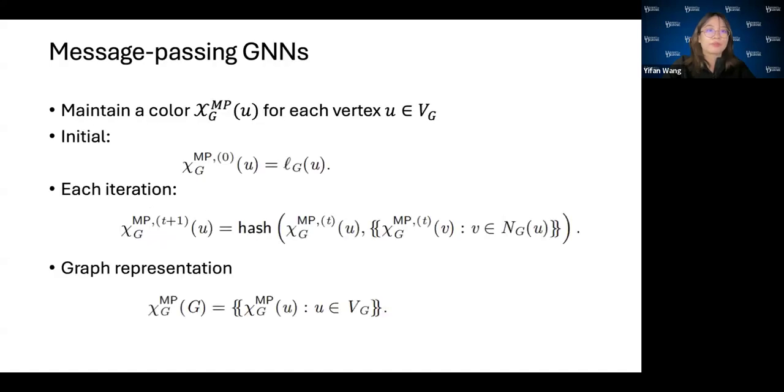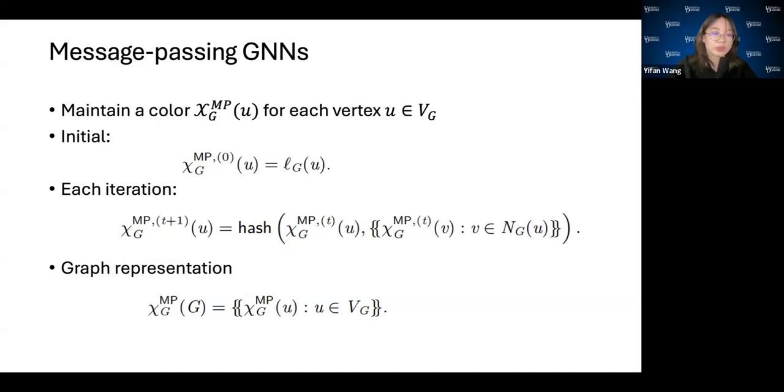Okay, this paper then presents the expressiveness results on several popular graph neural networks. Message passing graph neural networks are a classic example in this framework. This slide shows the simplest message passing mechanism. It maintains a color, or we can say a representation, for each vertex in the graph. At the beginning, each node will be assigned a label.